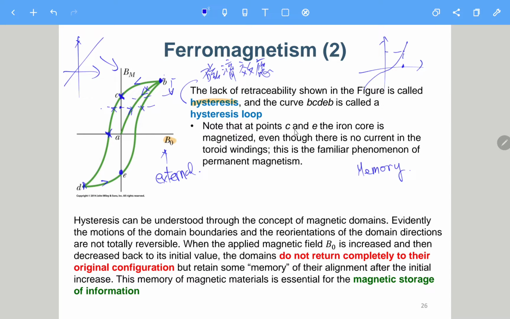So note that at points C and E, the iron coil is magnetized even though there is no current in the toroid windings. This is the familiar phenomenon of permanent magnetism. Okay, so actually we really use it as the memory of the computer.